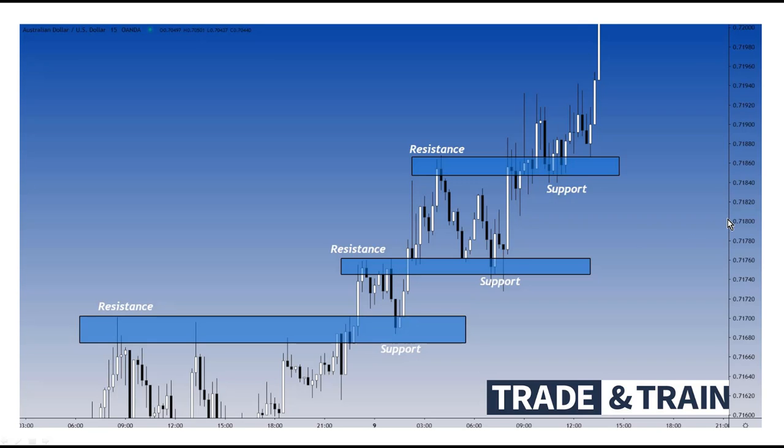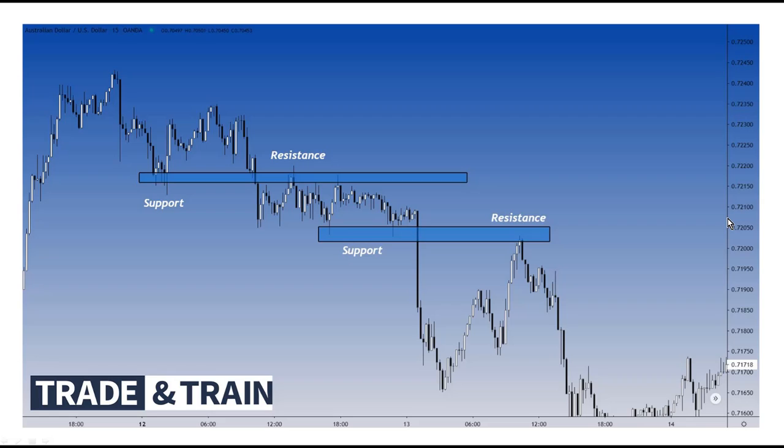I think I've stuck to the same chart, yeah, 15-minute. Again, look, this is a downtrend though. Price finds support here, it bounces, eventually breaks through, retests the level, and this zone here, which gets tested a couple of times actually, now becomes resistance.